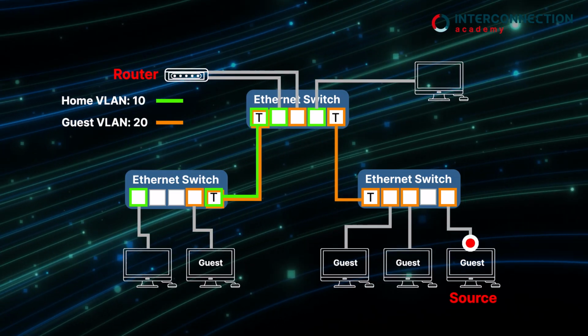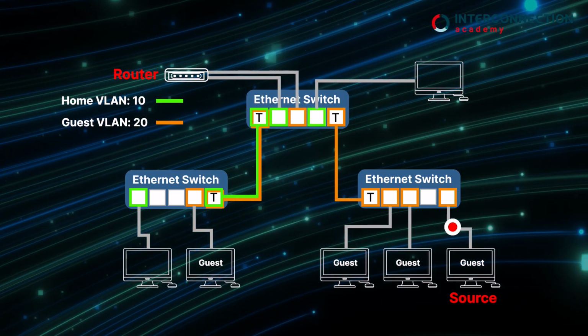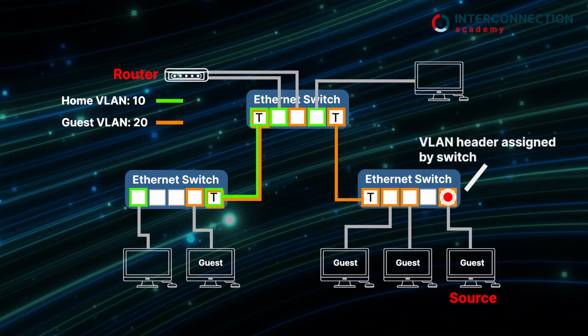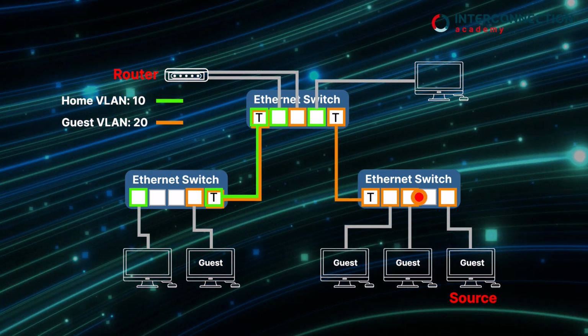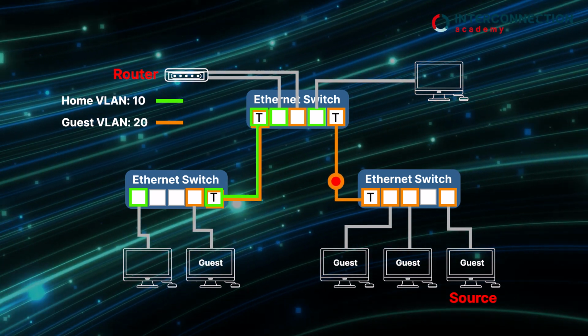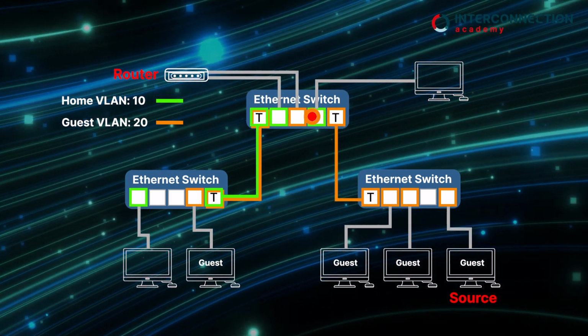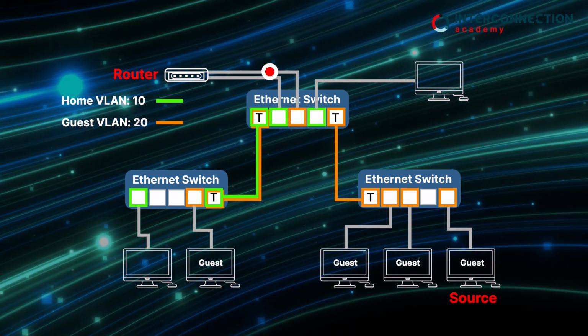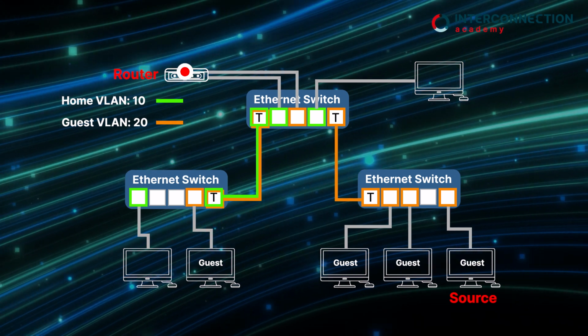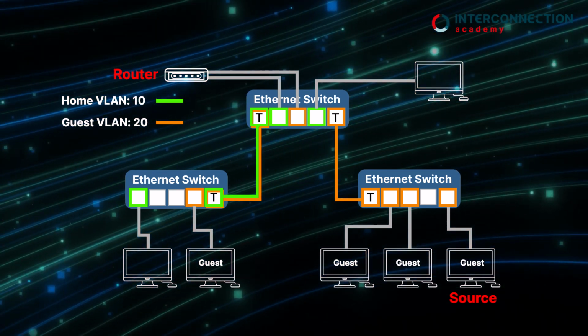The second example demonstrates how frames are sent to the internet using a VLAN configuration. A guest device sends a frame to its interconnected switch, which sets the VLAN ID to 20. The frame then travels to the top switch, where the VLAN tag is removed, and the frame is forwarded to the internet through the router.